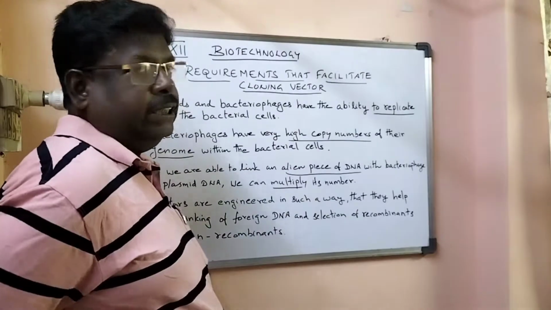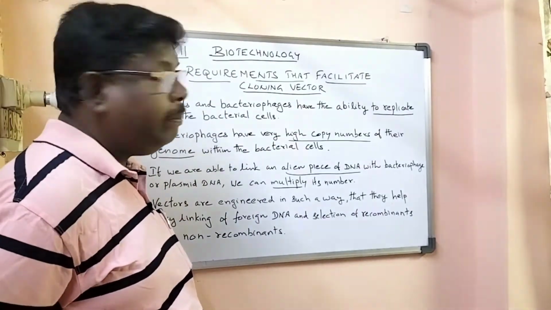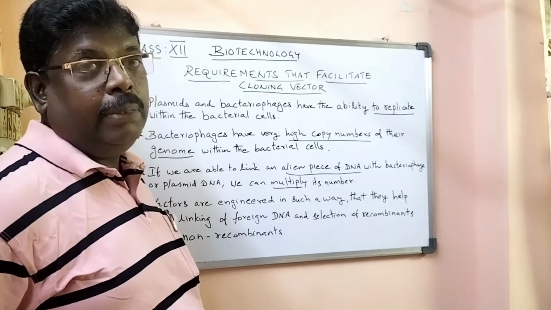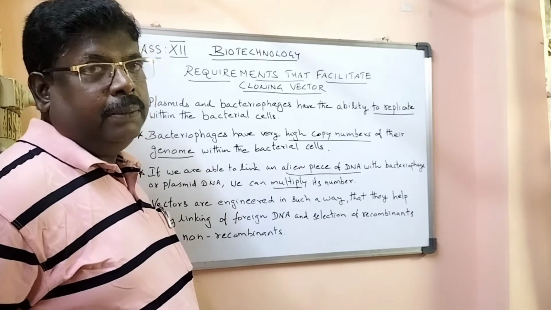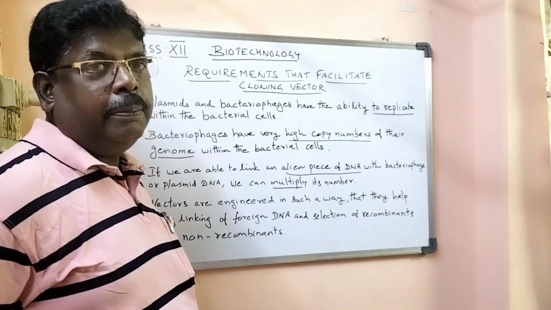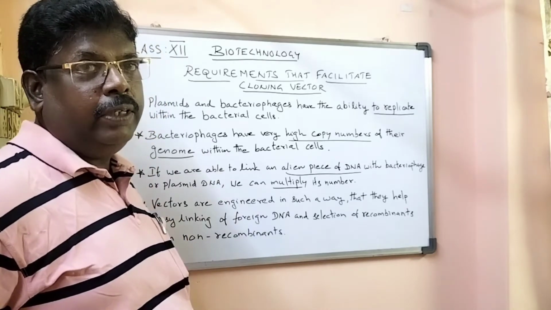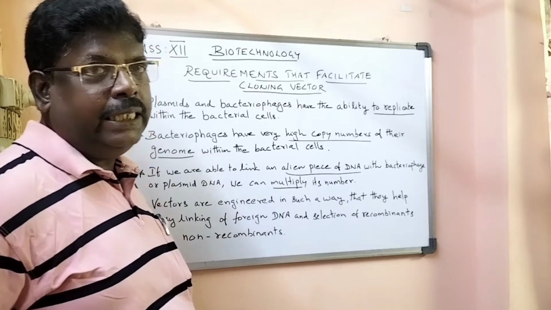Plasmids and bacteriophages have the ability to replicate within the bacterial cells. Plasmid is a small circular DNA strand present in the cytoplasm of the bacterium. We also call it extrachromosomal DNA.